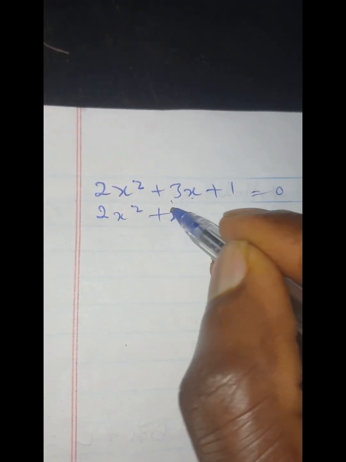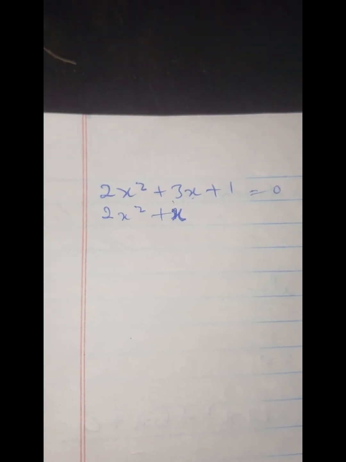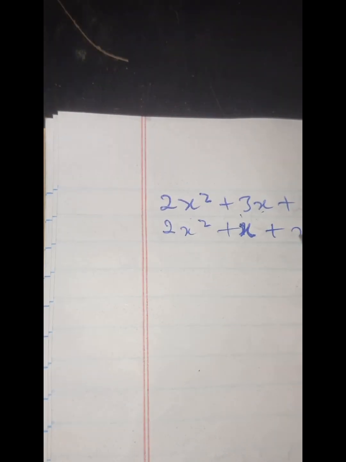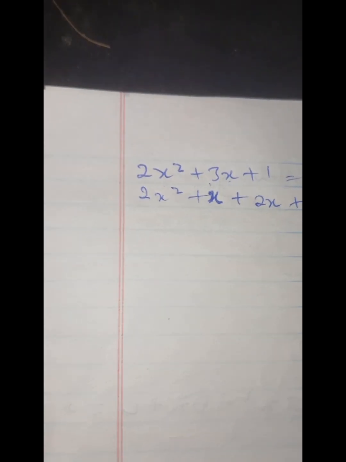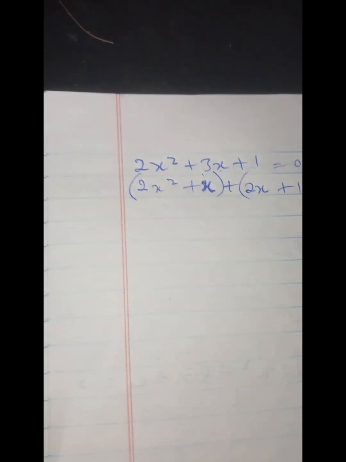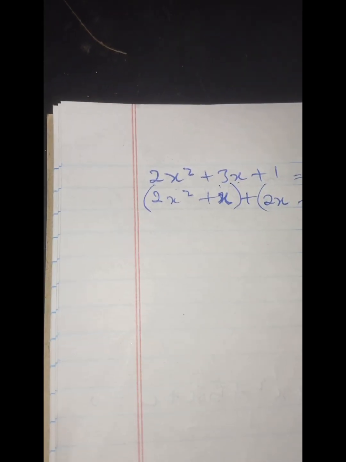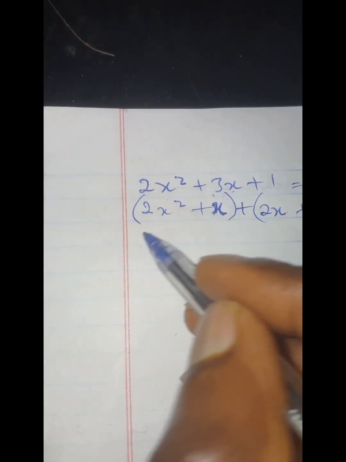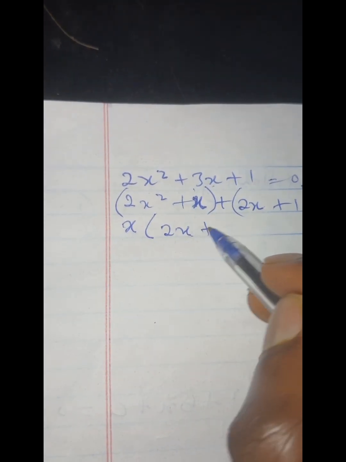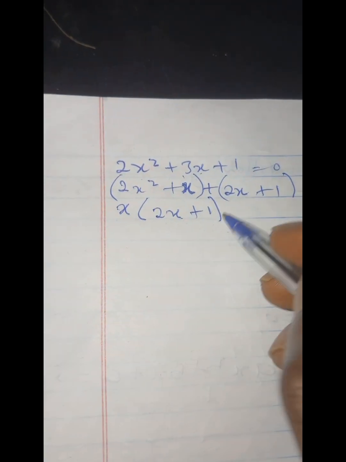But in this case, let's not write the 1. It is imaginary, so x plus 2, then attach the x plus 1. Now let's introduce brackets. Let's factor the common terms out. Among these terms, x is common, so x will come out, left with 2x here plus 1. x goes into x one time.